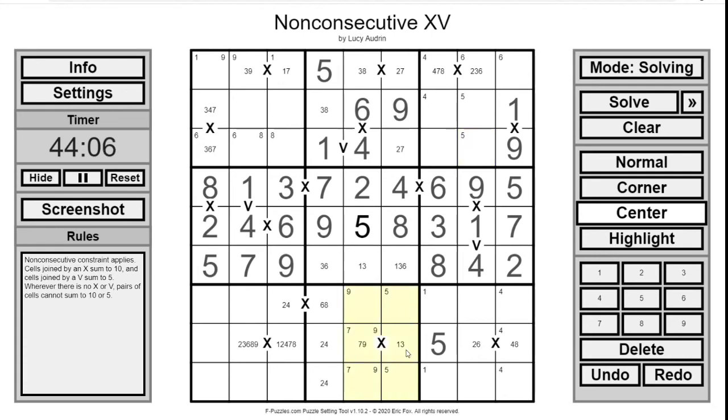We don't know about 1s here. Do we know about 3s? Three could go in any of those spaces. 5 could go in 2 spaces. 6.